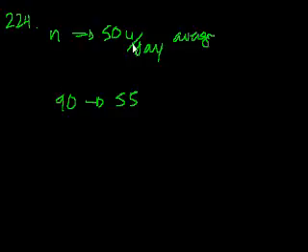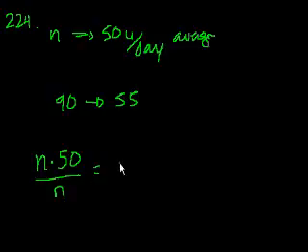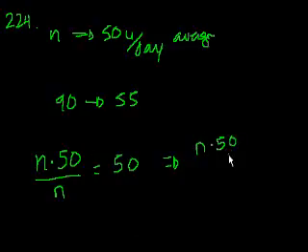Okay, so the old average would have been n times 50 divided by n is equal to 50. Now, if I want to average in this 55, I get n times 50, that's the sum of the total production for the n days before.